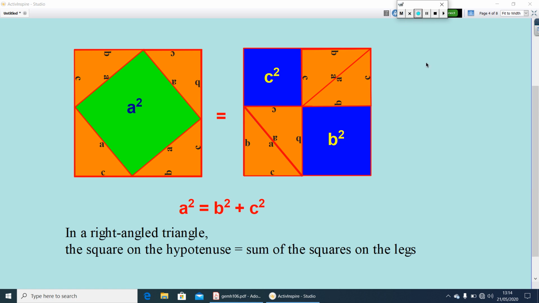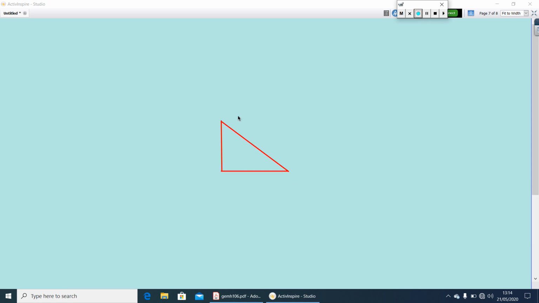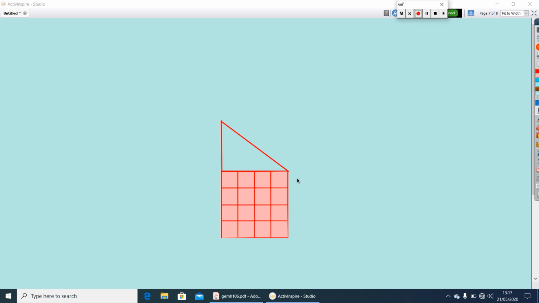Let me check the result in another way. Here I have a right angled triangle. Let me keep squares on the legs. This side has 1, 2, 3, 4 units. So this is a 4 unit square and its area is 4 into 4, that is 16 units.